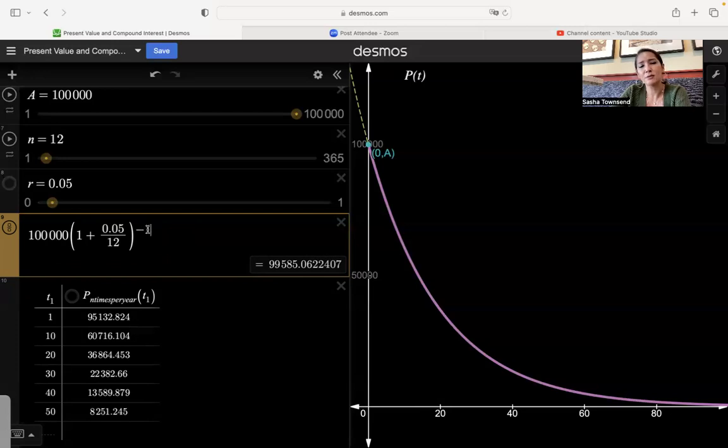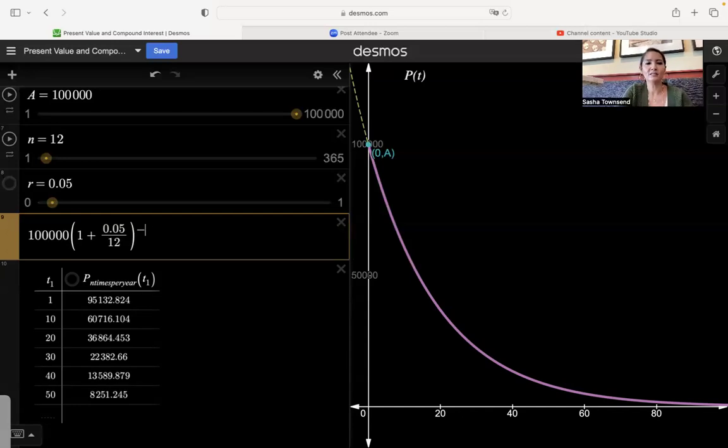Since it's only been 1 month, I'll just have a 1 there, and then t would be 1 over 12. The number of times that the interest has been compounded is 1, so that's going to be fine. So what this says is if I want $100,000 next month, I need to deposit $99,585 right now.